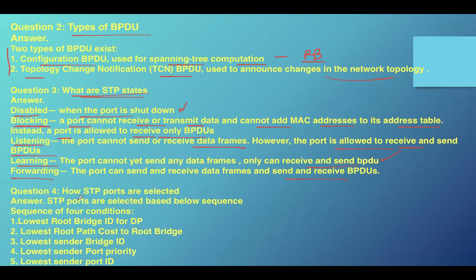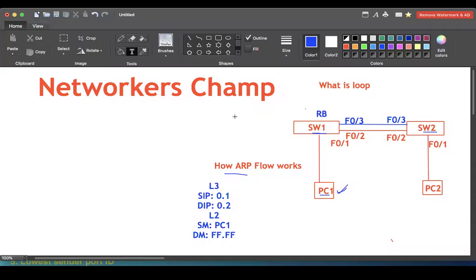Another question: how are STP ports selected? What does that mean? As you all are aware, there are three port roles. Let me put it here. Port roles: one, DP, which is the designated port, or you can say forwarding itself.